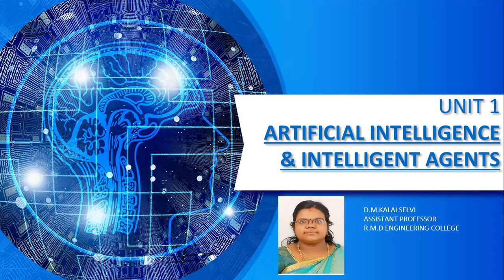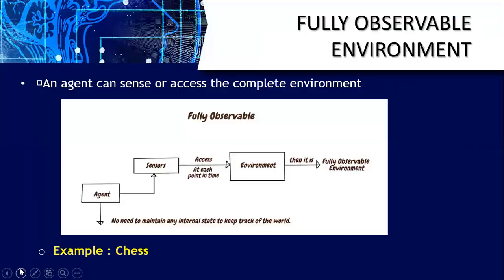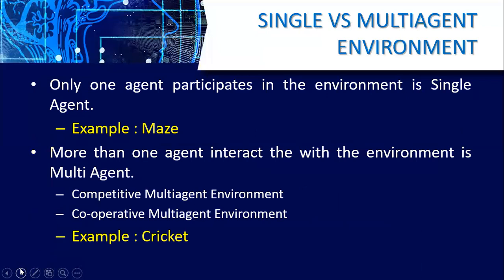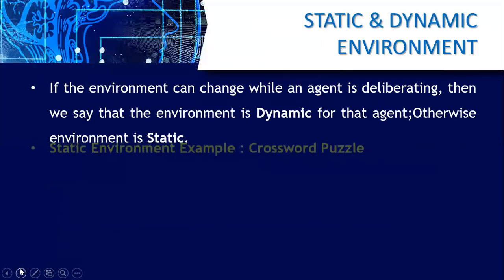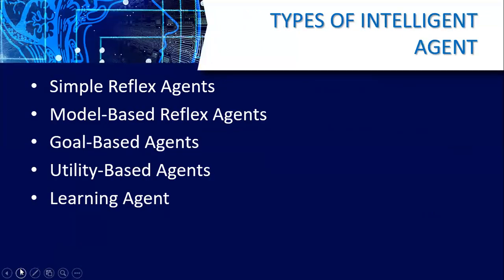The topic we are going to see today is intelligent agents. An intelligent agent describes how a machine can work and act intelligently like a human.